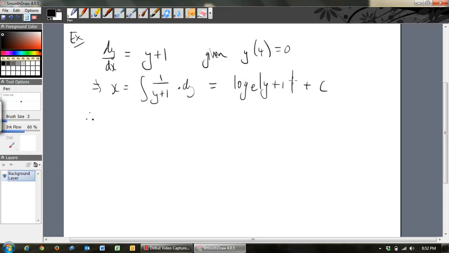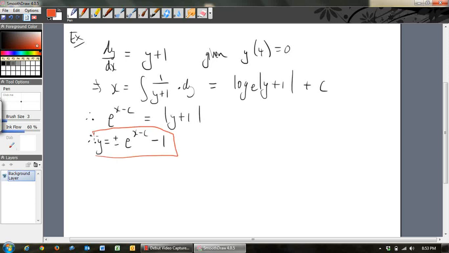So move the c over to there, that becomes x minus c. Take the exponential, so e to the x minus c is equal to the modulus of y plus 1. Therefore y is equal to plus or minus e to the x minus c, and then subtract 1. So there is your general solution.